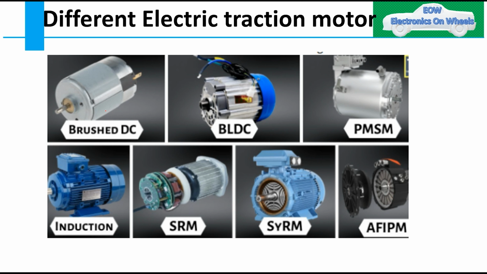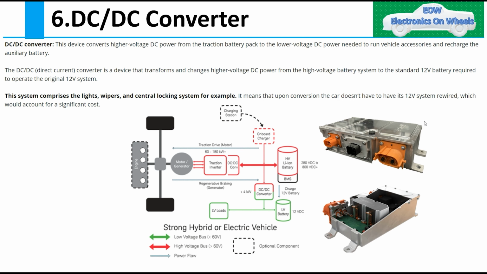We will discuss this in detail: brushed DC, BLDC (brushless DC), PMSM, induction, SRM, SYRM, then AFR. We will discuss all these motors. But if I say in one line, PMSM, the permanent magnet motor, is mostly used, and this is an AC motor.